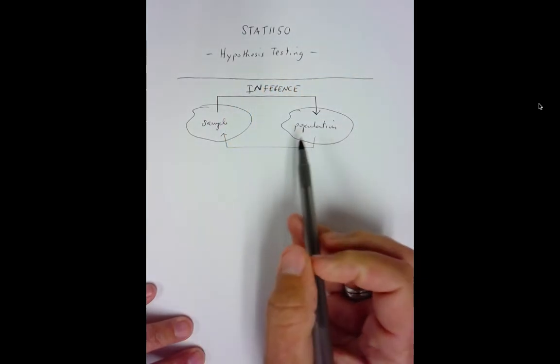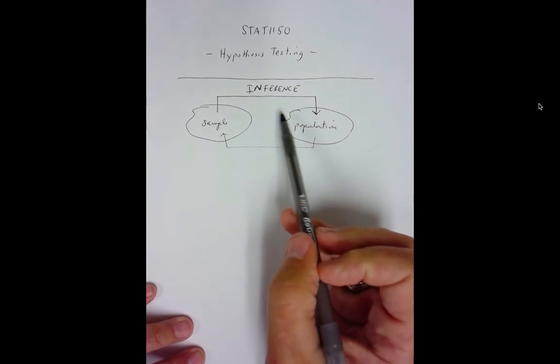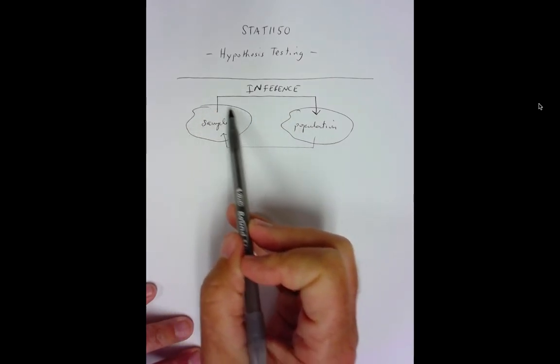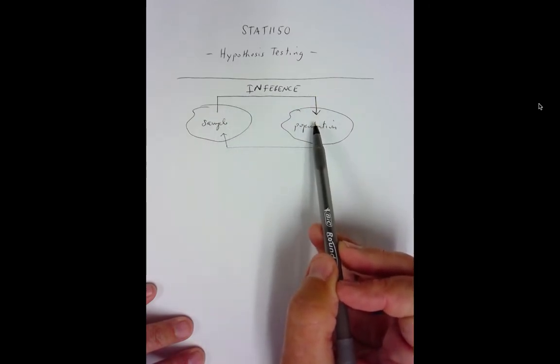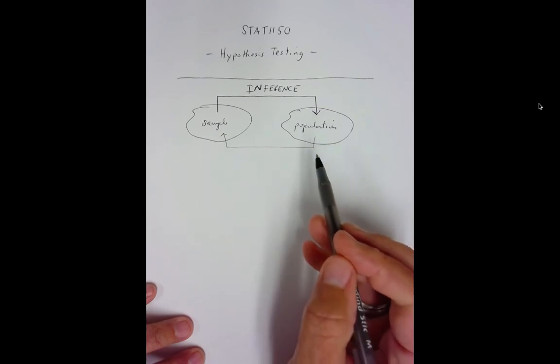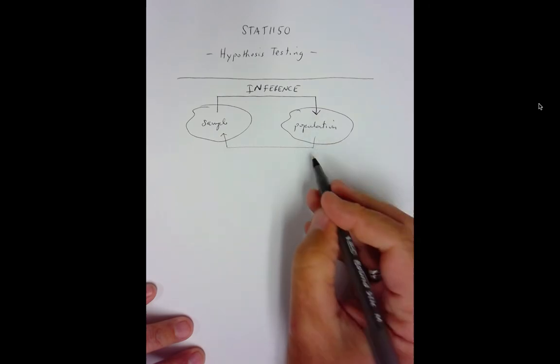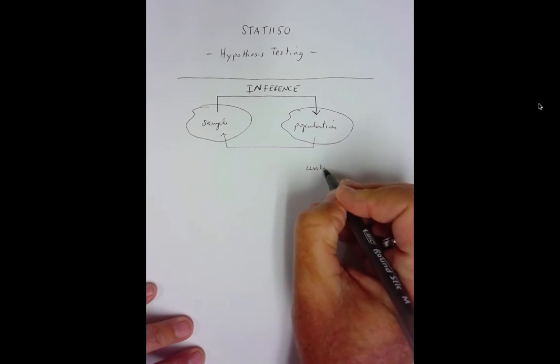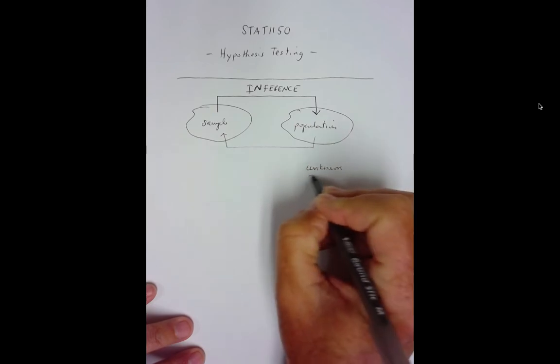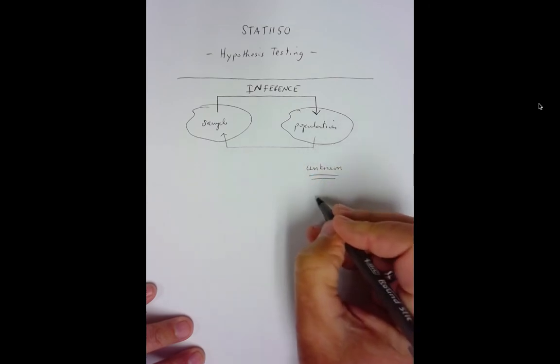And inference is the study of statistics that uses information from a sample to make an inference about an unknown value in a population. In this direction, the things that are in the population are unknowns.